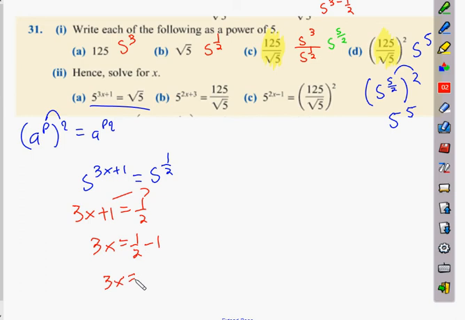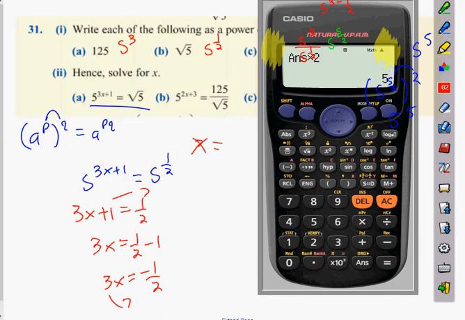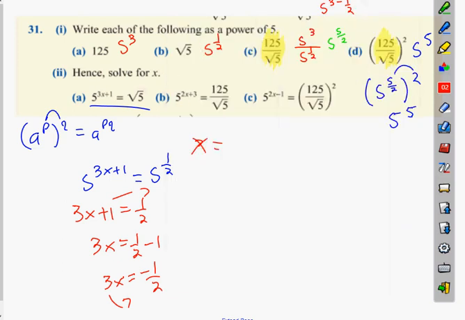Minus a half. Now all you've got to do with that number is divide by 3. So it's going to be minus a half divided by 3. So you get out your calculator. Minus a half divided by 3. Minus 1 over 6. Now, x equals minus 1 over 6.